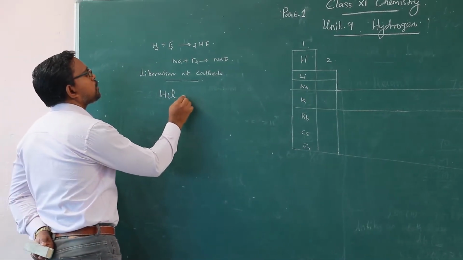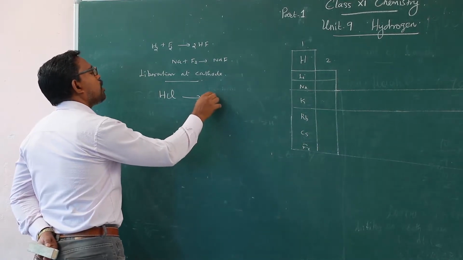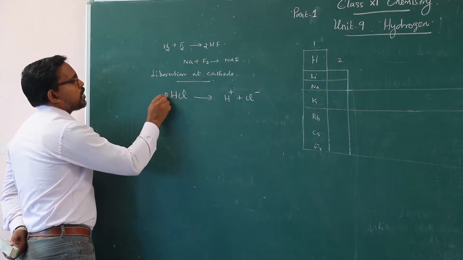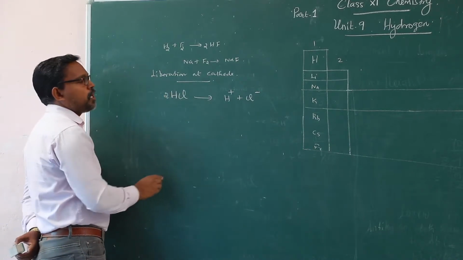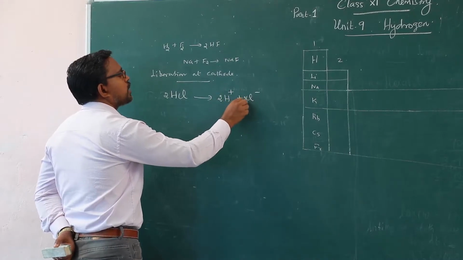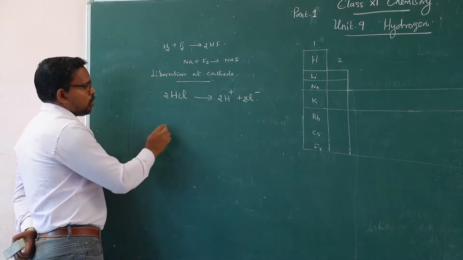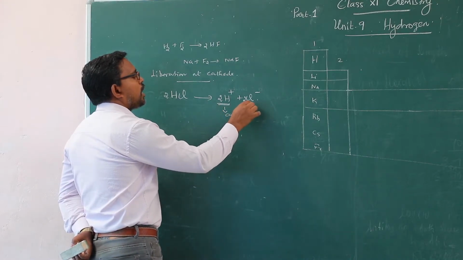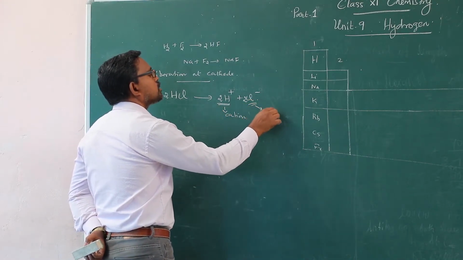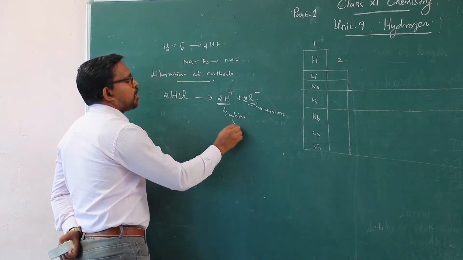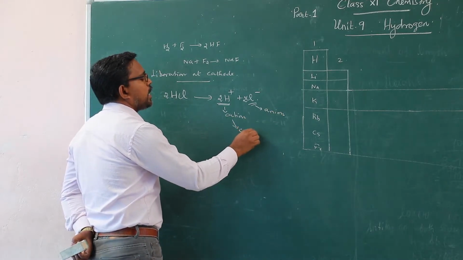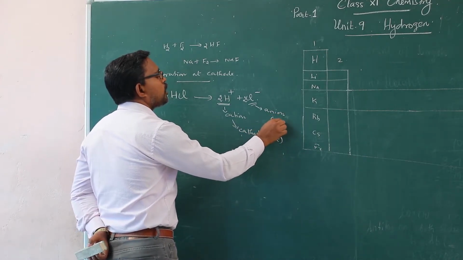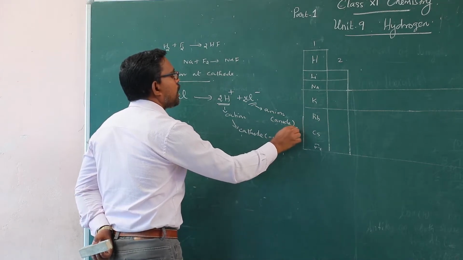On electrolysis it gives H plus and Cl minus. Suppose we take 2 hydrogen chloride molecules, it gives 2 H plus and 2 Cl minus. The positively charged ion is called a cation and the negatively charged ion is called an anion. The cation moves towards the cathode, which is the negative electrode. The anion moves towards the anode, which is the positive electrode.